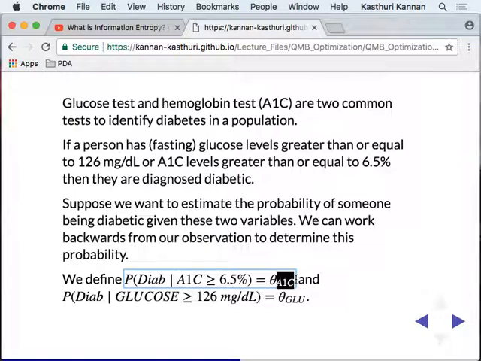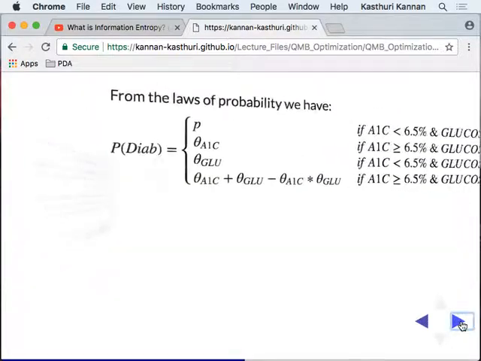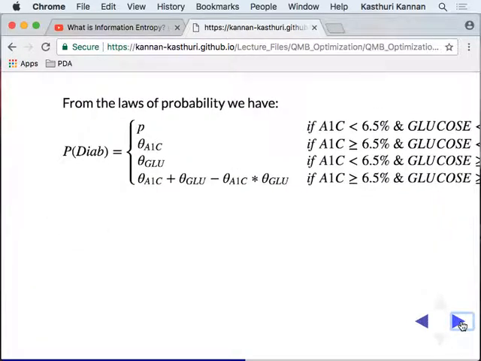Okay, so that's the problem. And also defining the probability of somebody being diabetic given the glucose is above 126 by this variable theta of glucose, right?